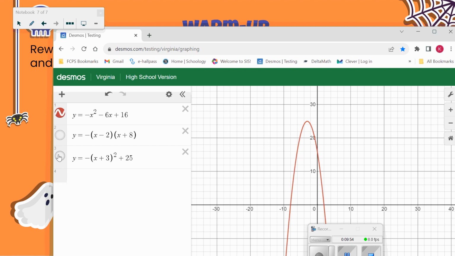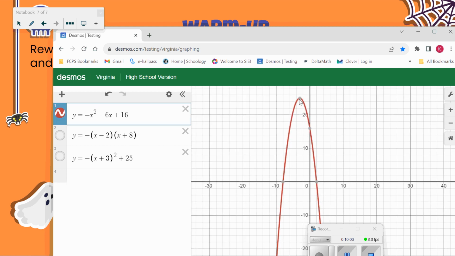So does that mean we did it right? Yeah, and you could check in on some key points here, right? Just click the top to get your vertex, click the y-intercept, and you see that was 16. Those look great. Here I also have some x-intercepts at -8 and 2 as well. So just check back in with your graph, making sure you're hitting all those key points.